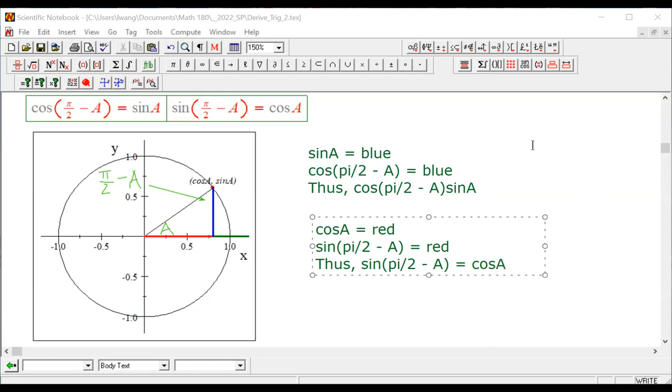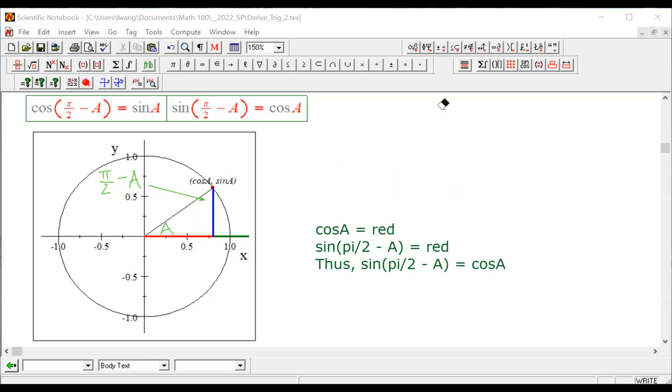Okay, so hold on, wait. Okay, so I'm going to rewrite that piece. Sine of A is the blue piece.